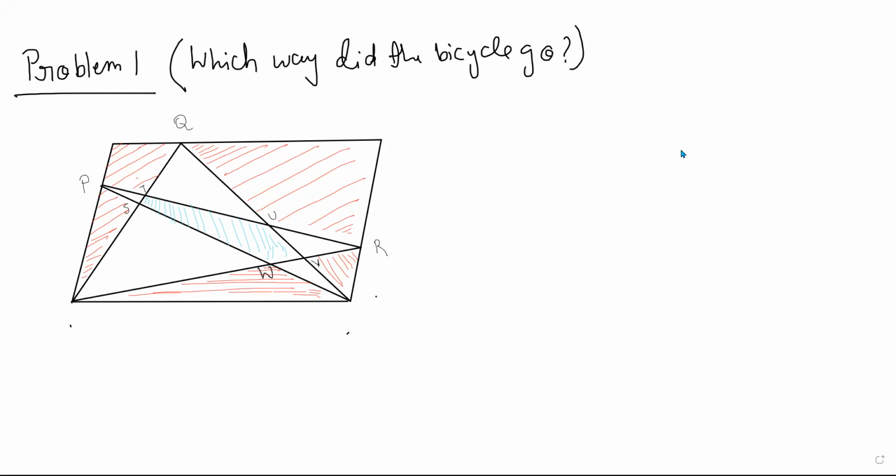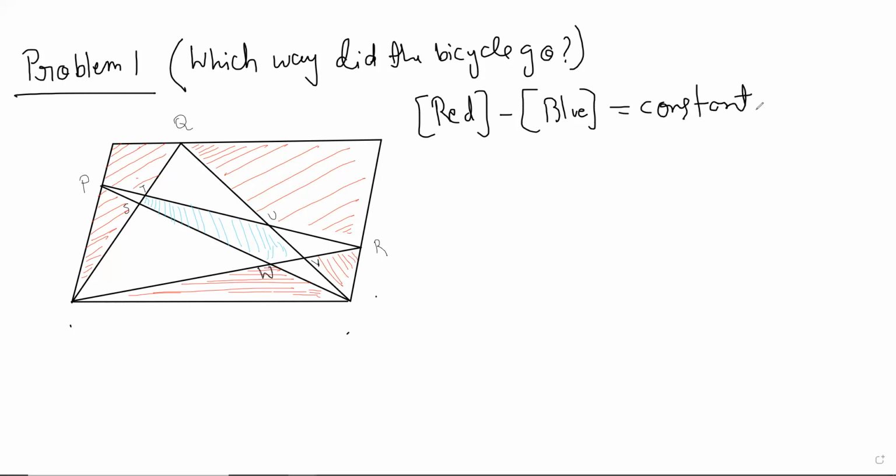Sorry, one second. So we want to say that the red region minus the blue region, the area, is a constant. We just try to explore this. So let's think.